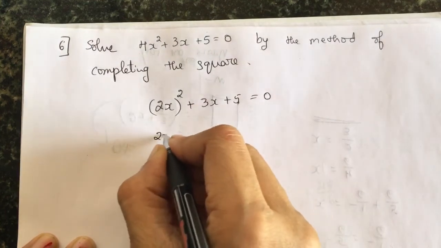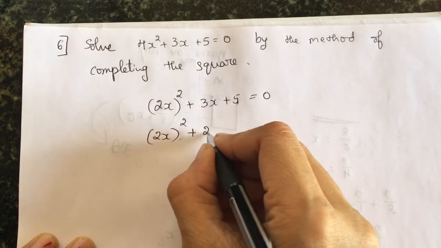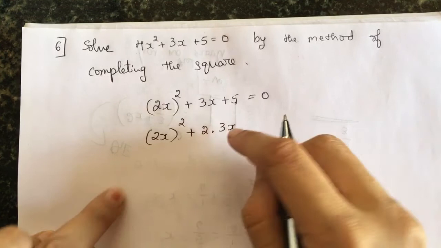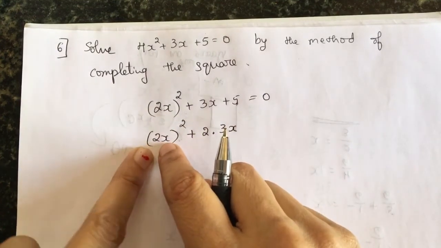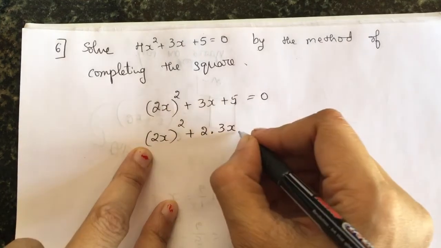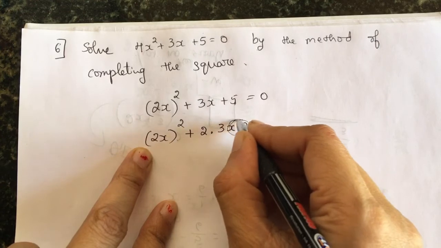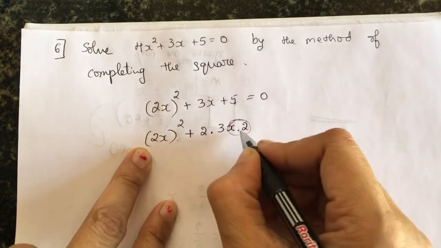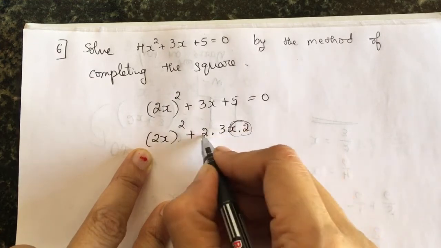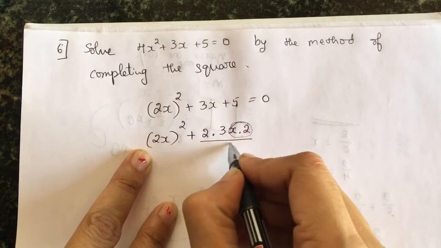So for that I'll multiply by 2. But I want 2a over here. It is not there, so again I have to multiply by 2, so that this is a, this is 2a, and this is b. Since I have multiplied by 2 twice, in the sense I have multiplied by 4, I need to divide this by 4.